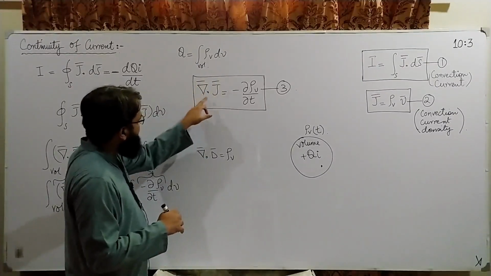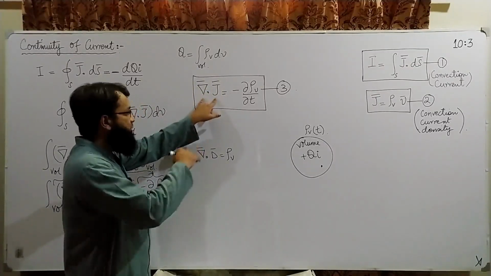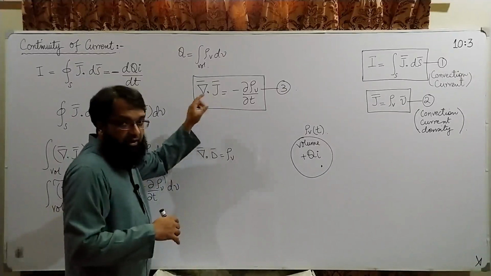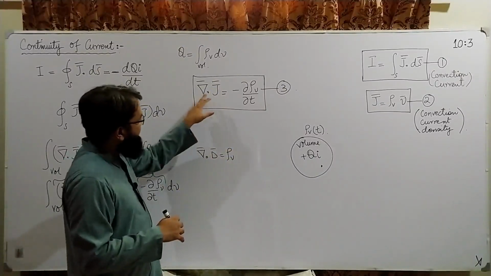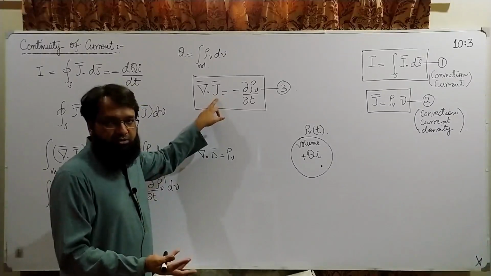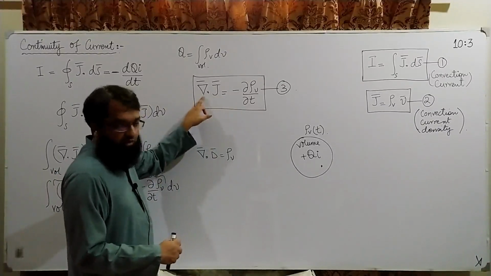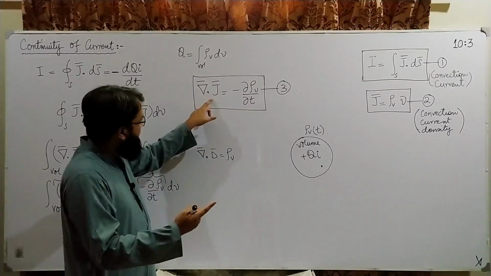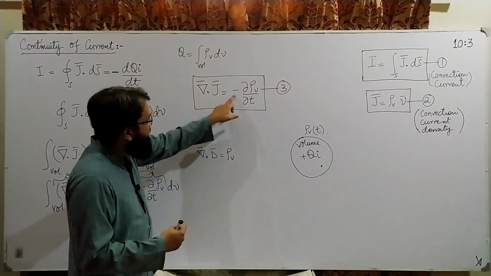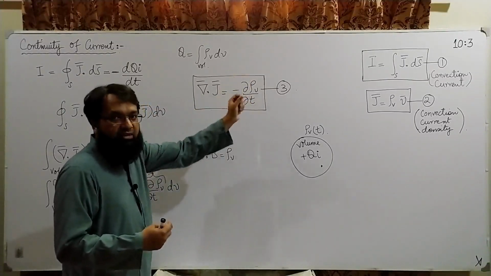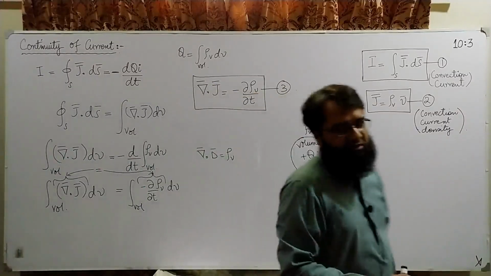Evaluating the left hand side, which is the divergence of current density at a particular point, tells us whether that point is a source of current density or not, whether that point is originating charges or flow of charges or not. If that point is originating the flow of charges, then that flow of charges would be equal to the rate at which the charge density would be decreasing at the same point. So this is the physical sense to it.